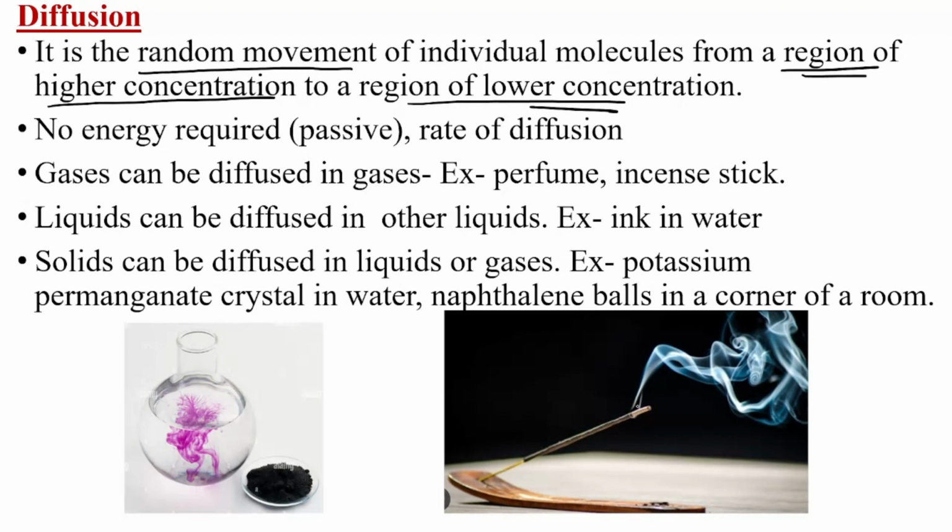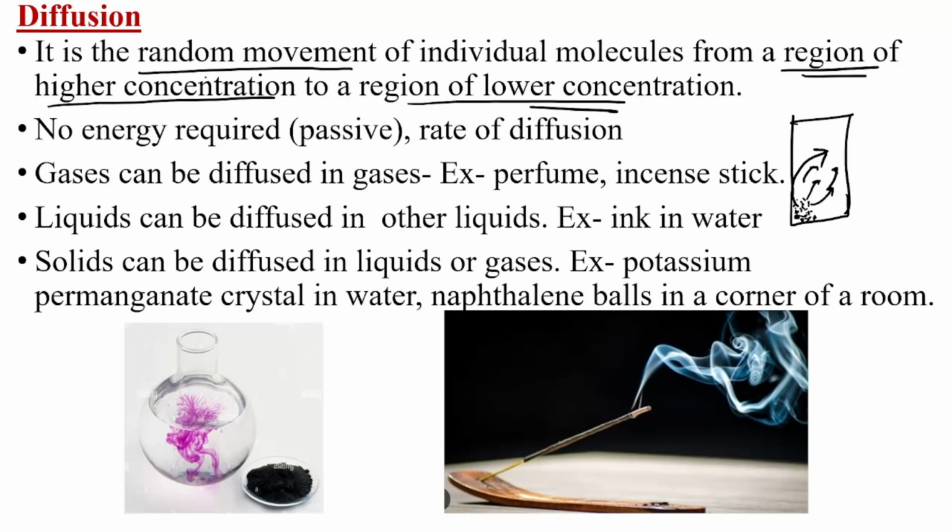Here the concentration of the gas molecules of the incense stick is very high initially. So they move from a region of higher concentration to a region of low concentration. And soon, after 10 or 15 minutes, the smell is spread throughout the room.